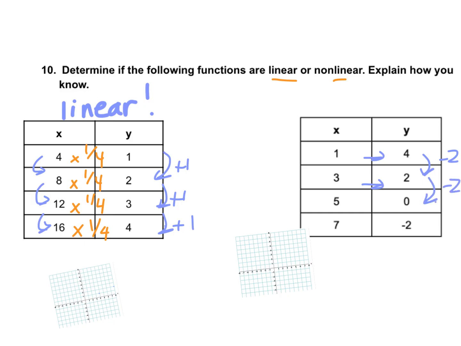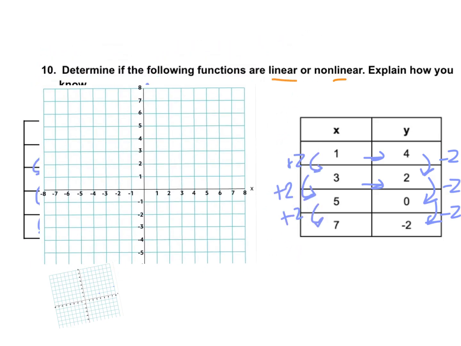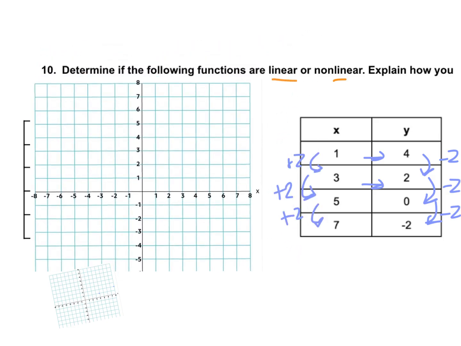It's decreasing by 2 each time, and over here it's increasing by 2 each time. So there's a relationship that's consistent, and I am thinking that this is linear. I'm going to put it on a graph though too and just see, does this make a straight line? That's some really good proof too, because it really shows that it's a linear relationship.